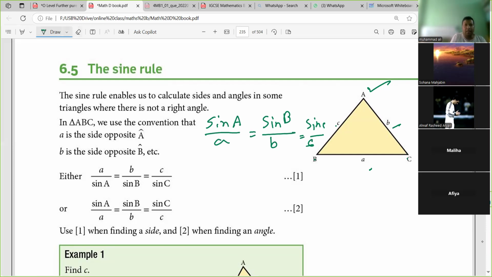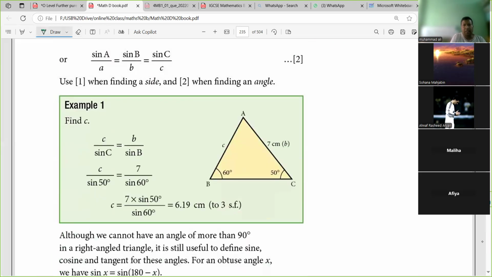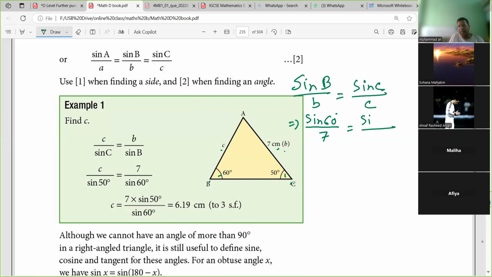Okay. One example I want to show you, like this maths. Here they gave us two angles and one side. Angle B and side B, angle C they gave us, but they wanted side C. So we may write the formula sine B by side B equals sine C by side C. So angle B is 60 degrees, side B is 7, angle C is 50 degrees, and side C we want to find.